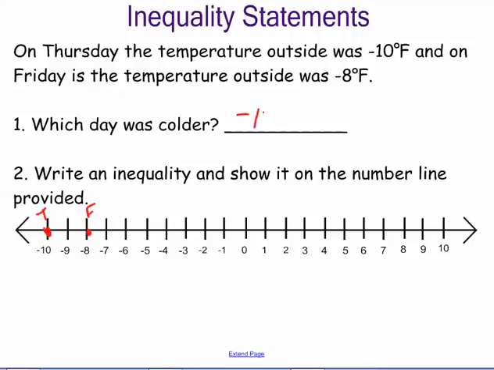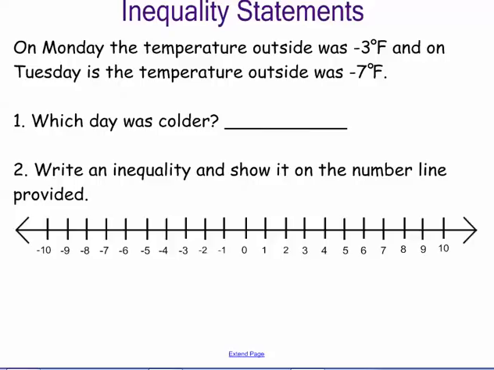That would be negative 10. So that is Thursday. And to write an inequality, again, negative 8 is greater than negative 10, or negative 10 is less than negative 8. Okay?